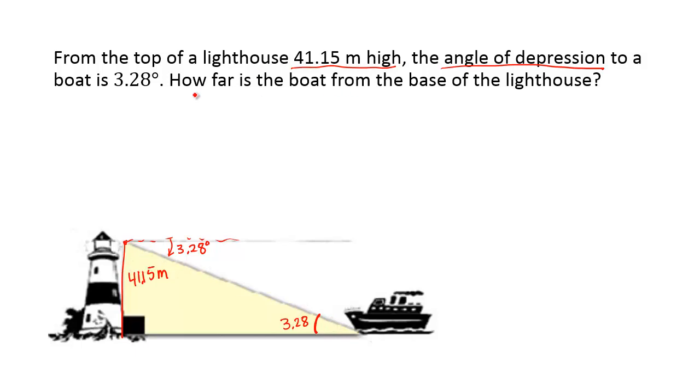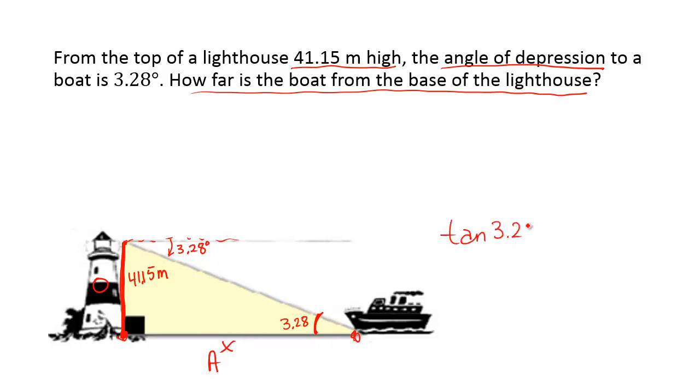So we want to find how far the boat is away from the base of the lighthouse. The base of the lighthouse is here. Boat's here, so we want to find this distance. So we have the height. This is our opposite to this angle, so opposite and adjacent will be a tangent ratio.